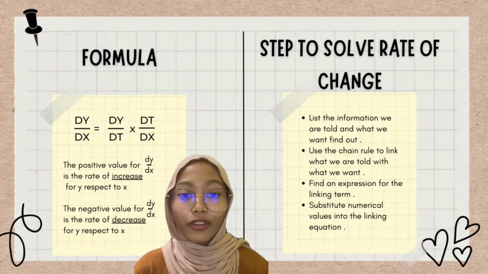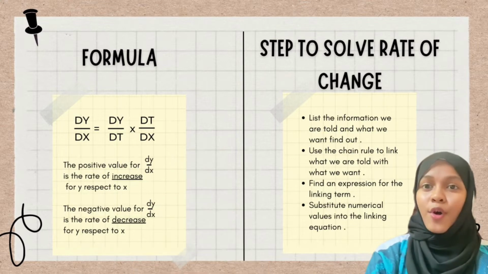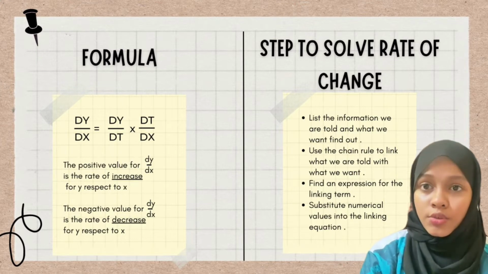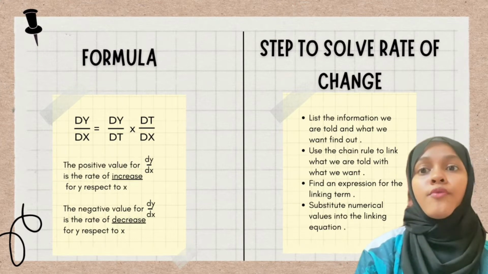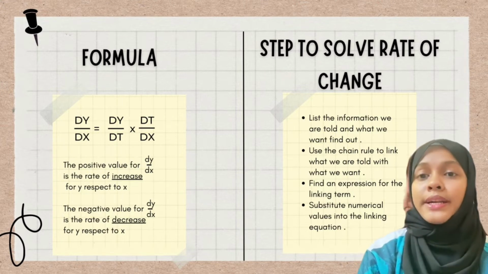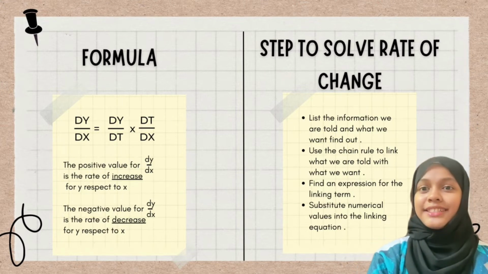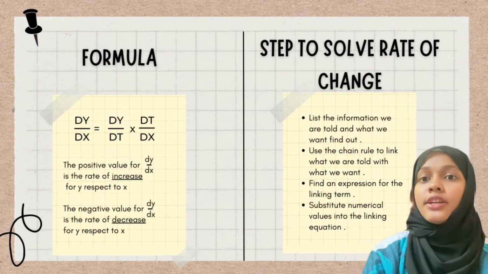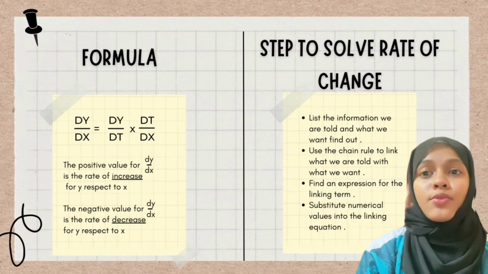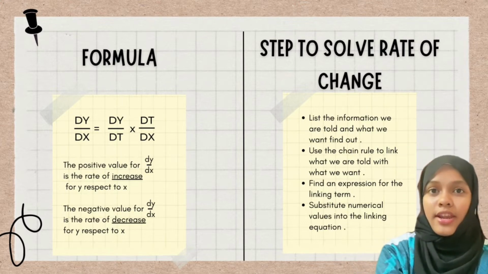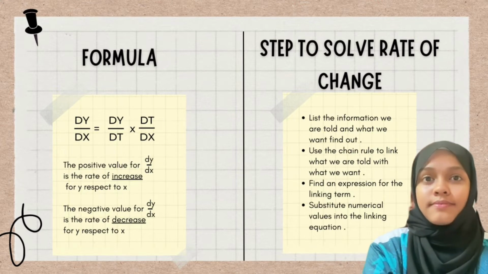The negative value of dy/dx is the rate of decrease for y with respect to x.